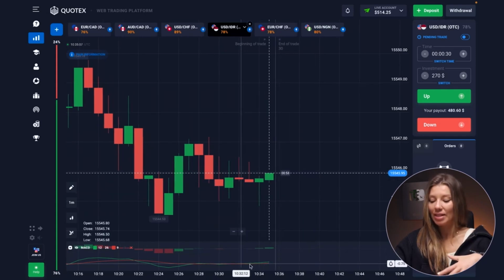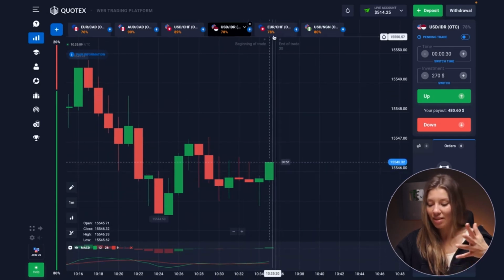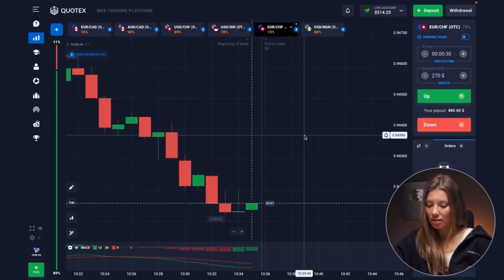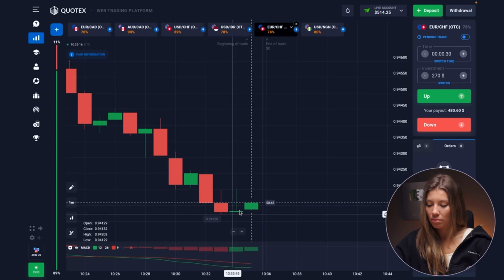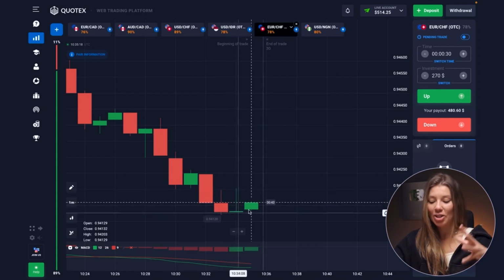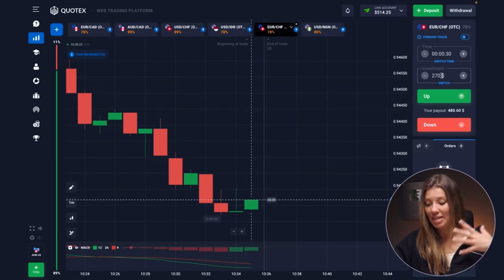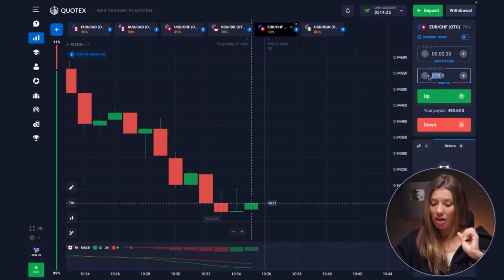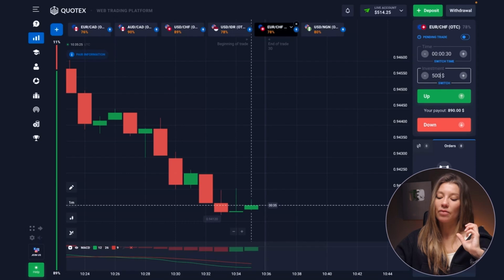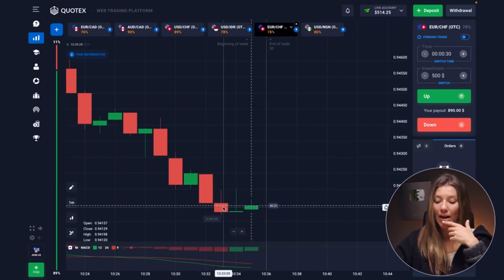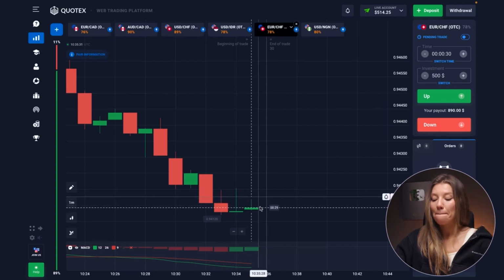Okay, so here it is, currency ratio. So that's more interesting because I'm having this doji here, this gravestone. Okay, I'm going to change the investment to 500, and the next thing is realizing what I'm going to do here.